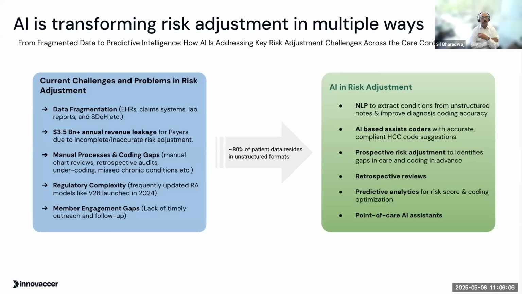And what we are learning together is it's about making sure the data is accurate, valid, and labeled correctly, so you can provide the right predictive analytics, whether in risk adjustment or even for clinical judgment, right? So it gives you a background of how you look at AI.